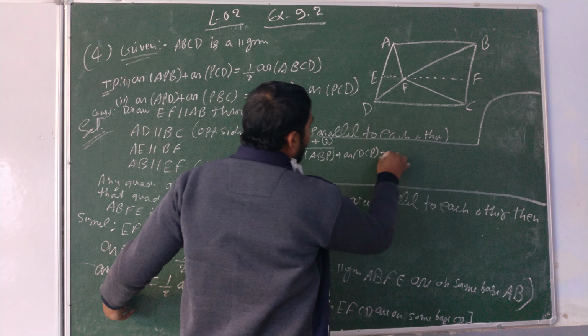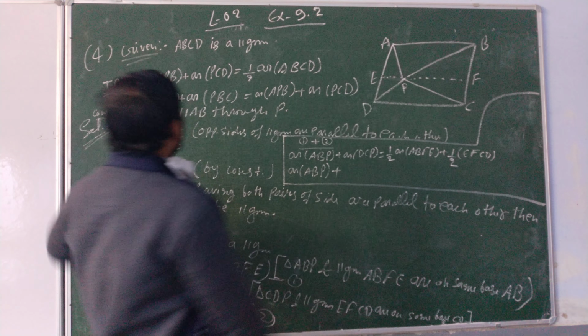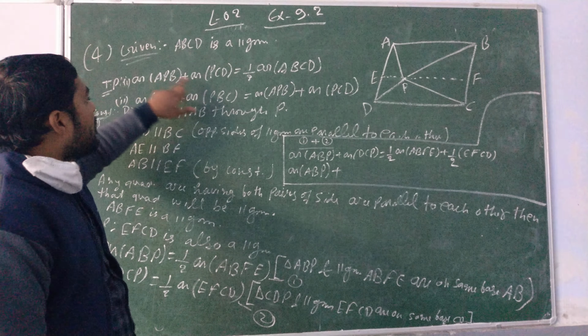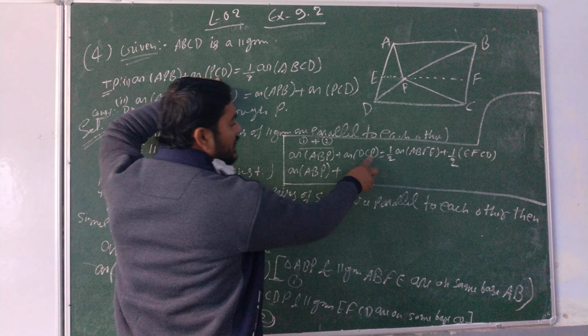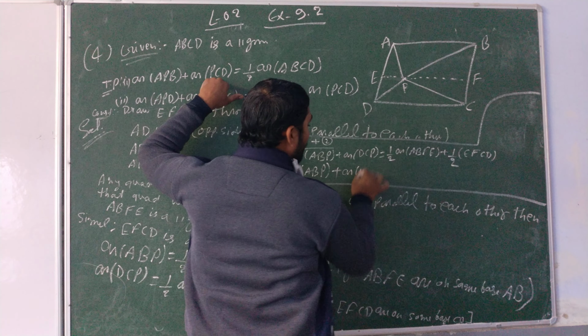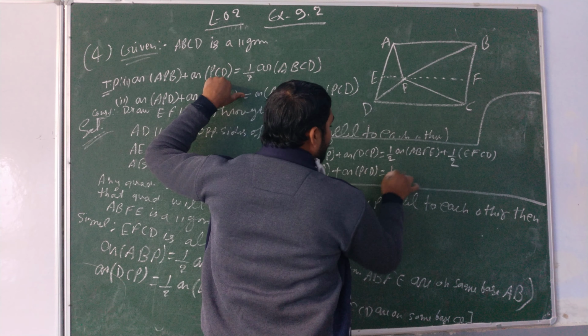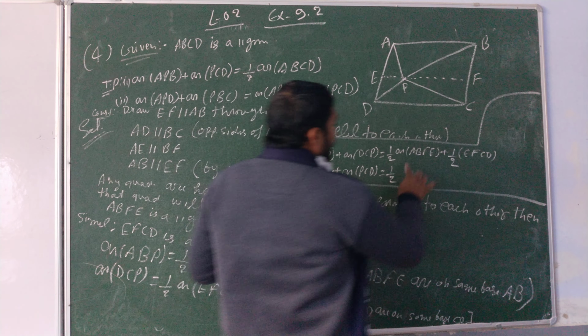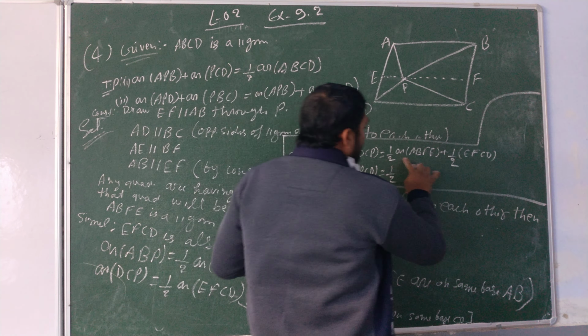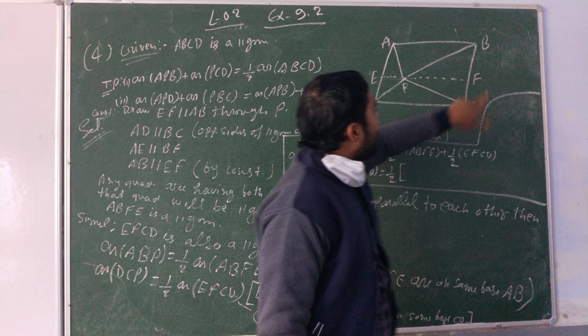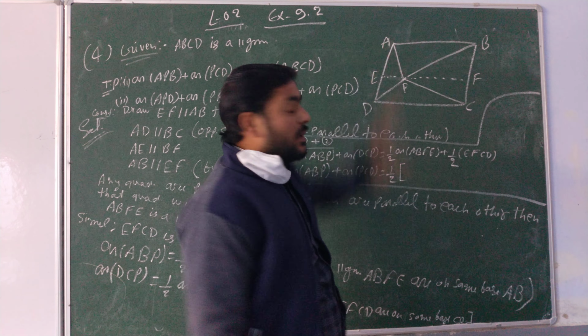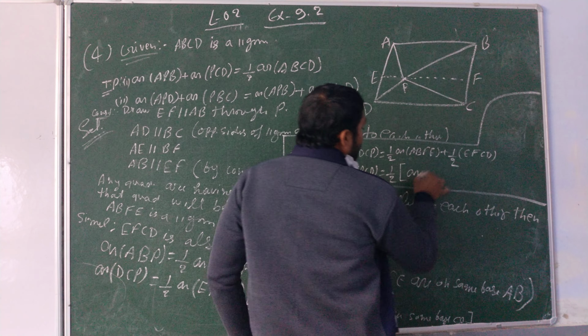Area of APB plus area of PCD is equal to, taking 1 by 2 common, area of ABFE plus area of EFCD, which is the whole parallelogram ABCD.